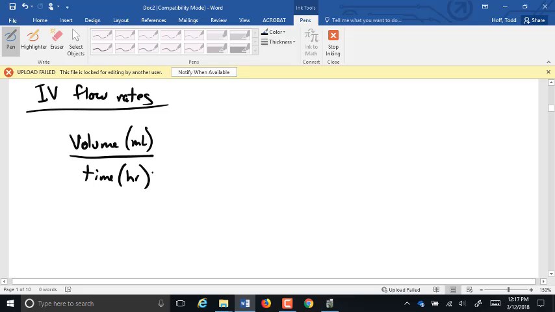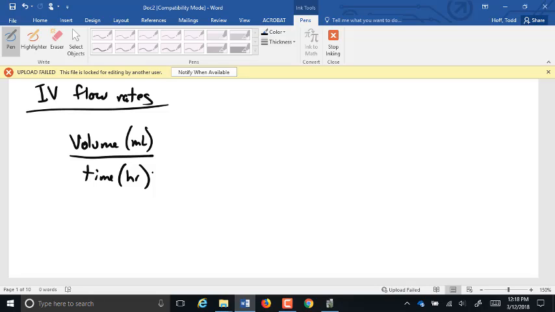That just gives you what that IV flow rate will be in milliliters per hour. But there are other forms. If we're using an electronic infuser, you can set that as milliliters per hour, and the infuser figures everything else out as to what goes into the patient.